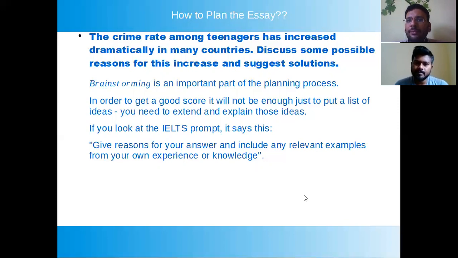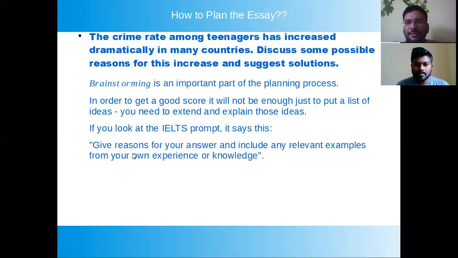So you have to come up with some sort of reasons and practical solutions as well. And it also says give reasons for your answer and include any relevant examples from your own experience or knowledge. The last line, right? So it is asking you to give examples from your own experience or knowledge.